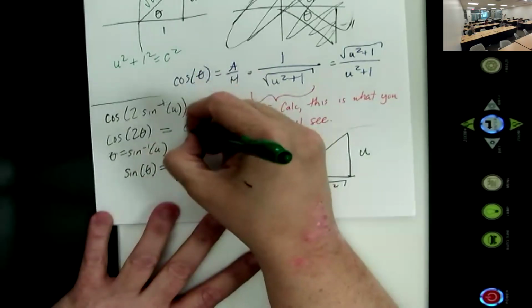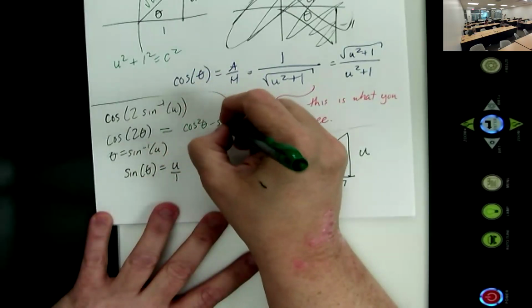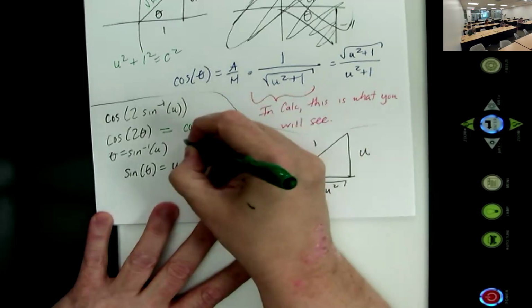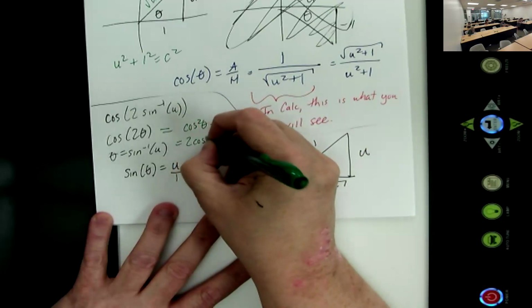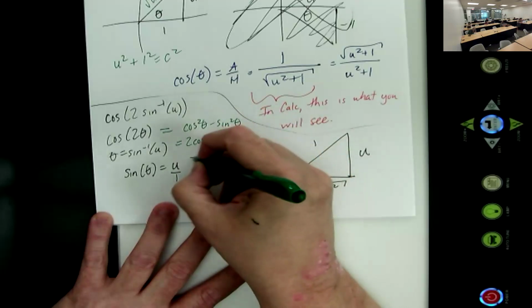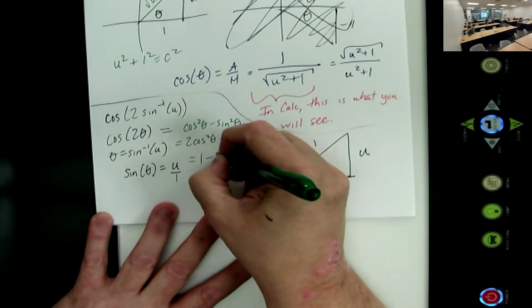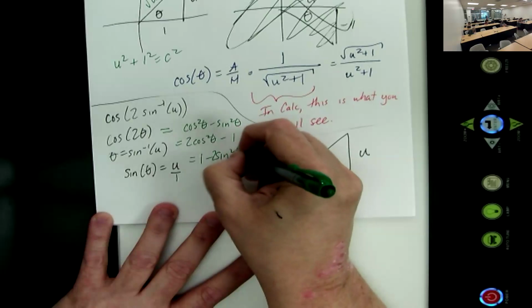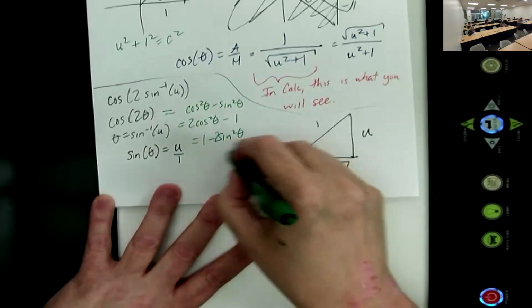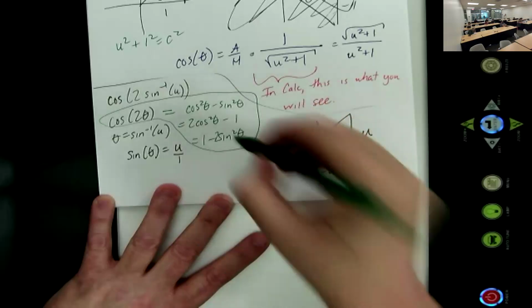We can do cosine squared theta minus sine squared theta. We could do 2 cosine squared theta minus 1. And we could do 1 minus 2 sine squared theta. Those are my 3 options for cosine of 2 theta.